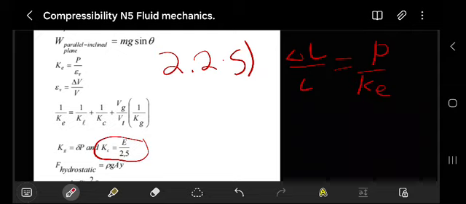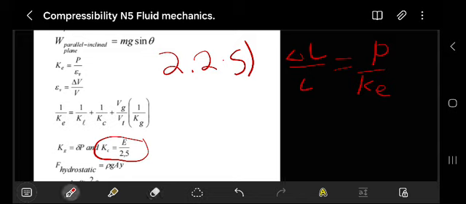You must also know this can be equal to change in V over V. Actually, it's a strain. Remember, if you do strength of materials, strain is a change of something over its original, right? You must know that. So this is the change. This is the formula we'll use.